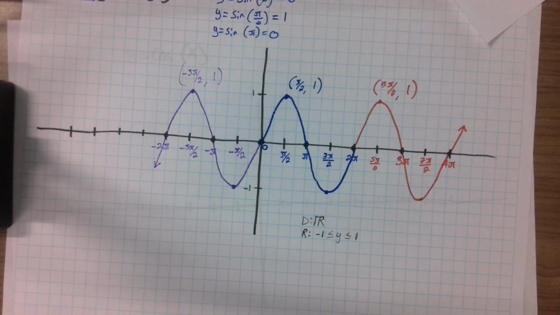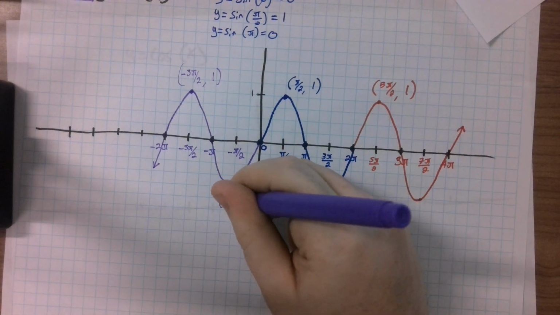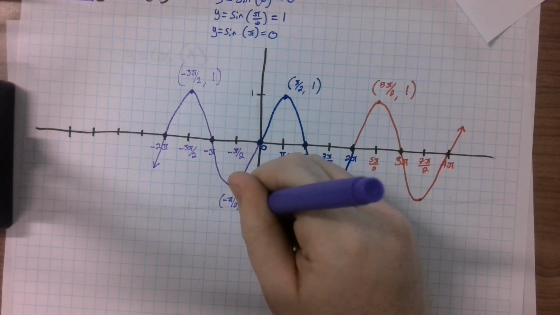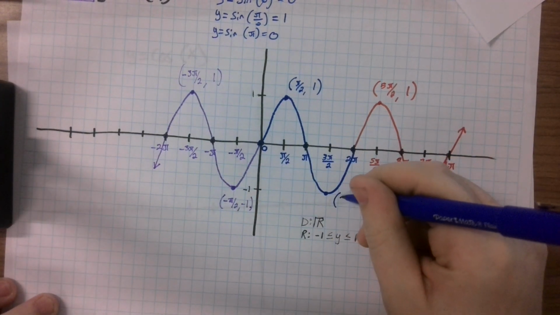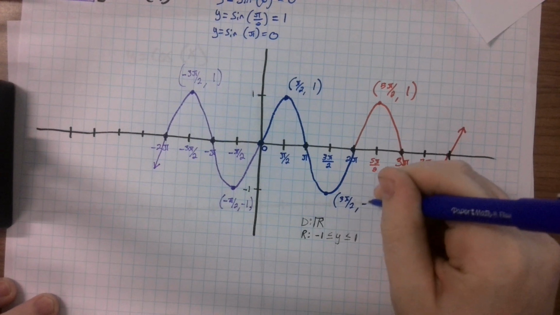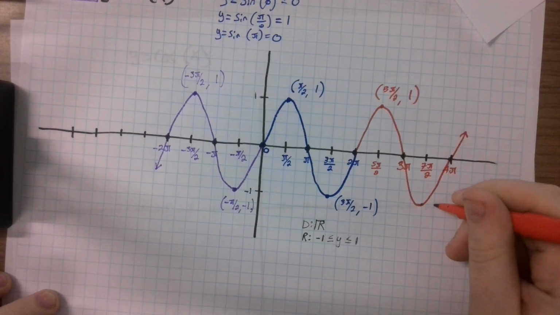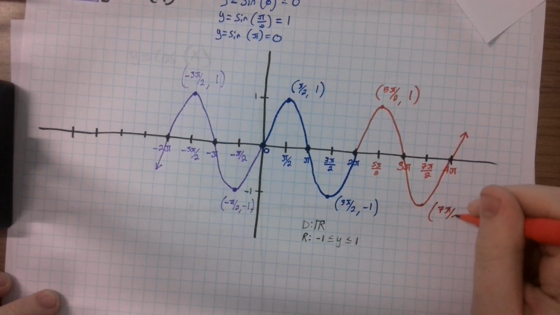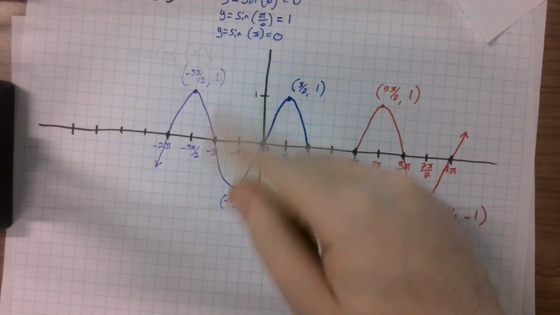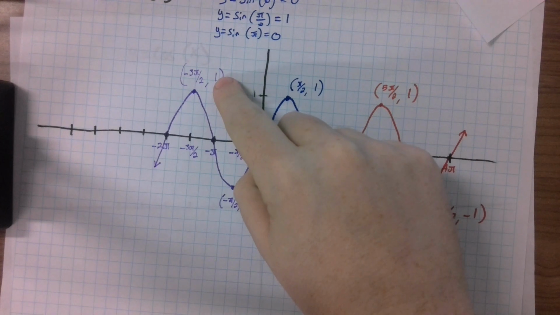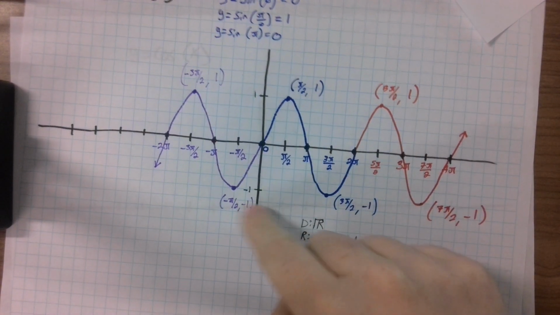Our maximums are all at 1. Our minimums are down here at the bottom at negative pi over 2, negative 1, or 3 pi over 2, negative 1, or even all the way over here at 7 pi over 2, negative 1. Our graph just keeps on flipping back and forth between top at 1 and the bottom at negative 1.